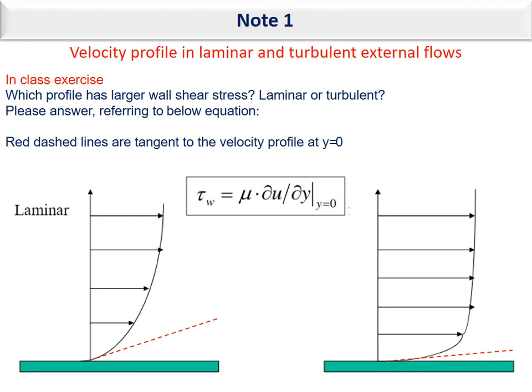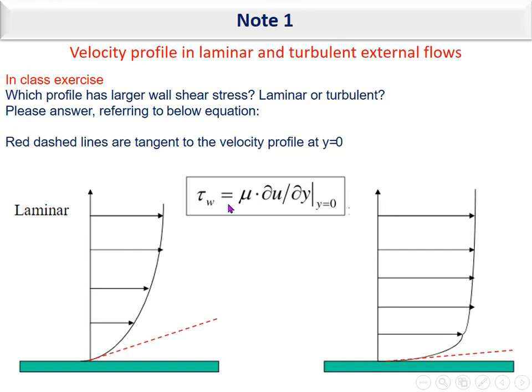There is an exercise for you here. What do you think? Which profile has larger wall shear stress, laminar or turbulent? The one shown here on the left is a laminar flow profile over a flat plate, and the one shown here on the right is a turbulent flow profile. Please answer referring to the below equation. What is this equation?